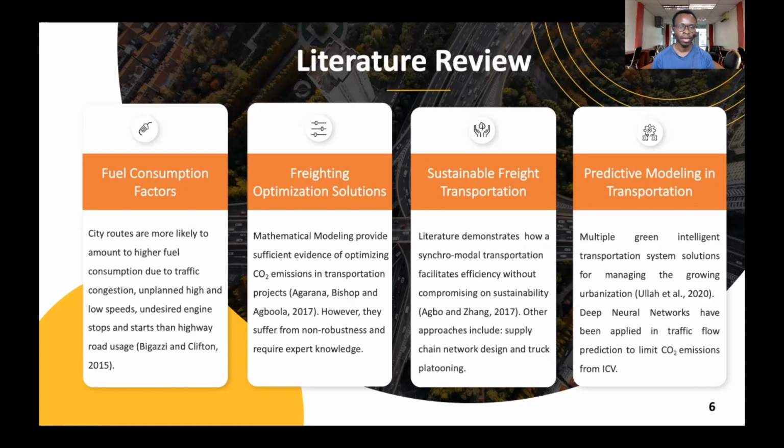Okay, so now we also look at freight optimization solutions. Now classical computing through mathematical modeling has provided sufficient evidence for optimizing CO2 emissions in transportation. Okay, but the problem is that it suffers from non-robustness and requires domain expertise.